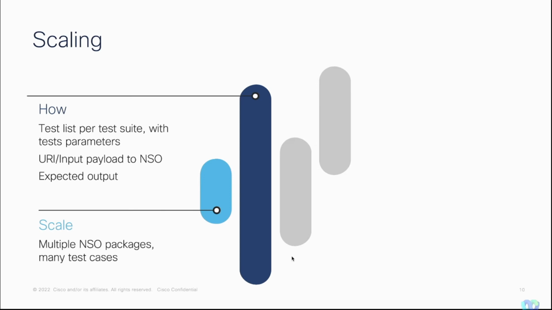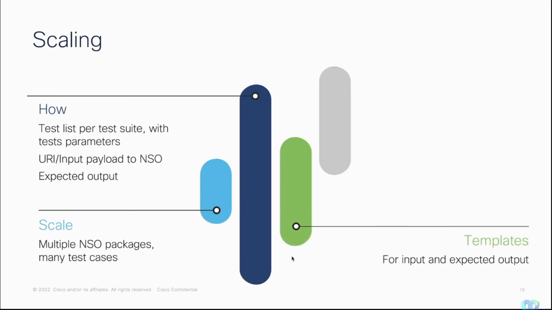We put all of this information in the test list with the test parameters, and we also make use of templates for input and expected output. This is especially useful in the case of input because whenever we test a package, we are basically leveraging the same YANG model, right?